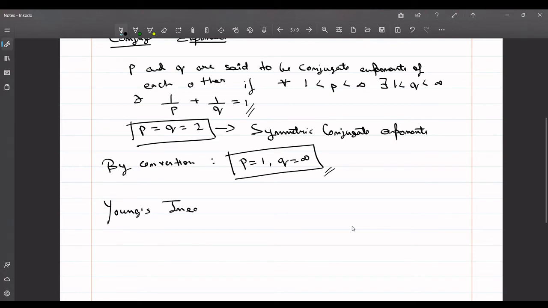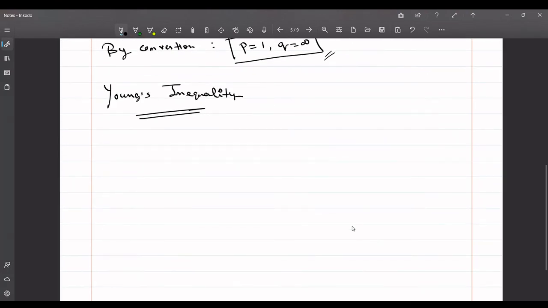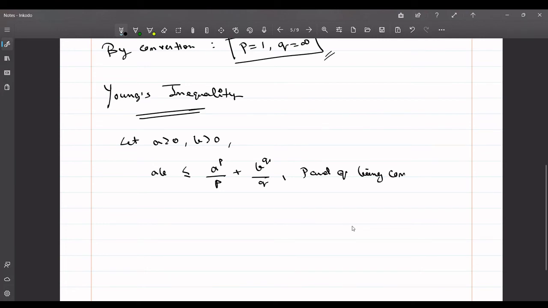So Young's inequality is something like this: suppose we have two positive numbers a and b. The product of them will always be less than or equal to a to the power p over p plus b to the power q over q, p and q being conjugate exponents.